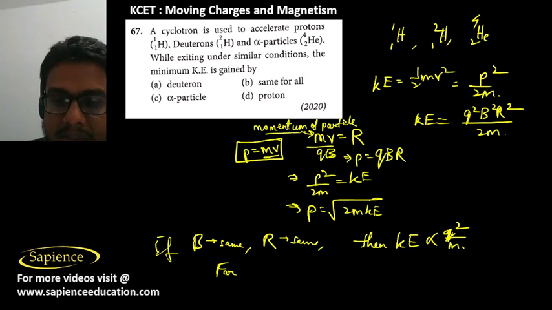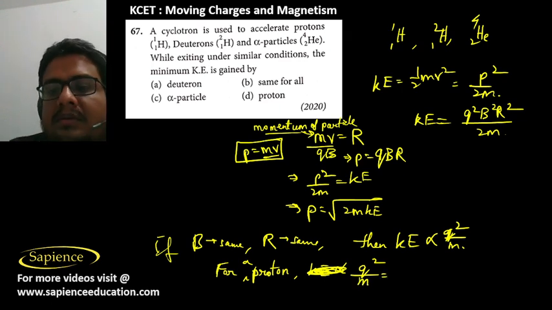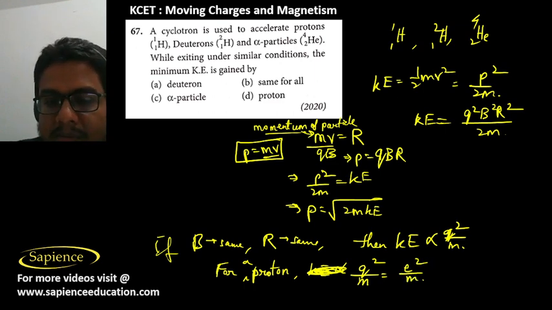minimum kinetic energy gained. So for a proton, the kinetic energy gained is proportional to p square by 2m. For a proton, the value of q square by m is given as e square by m, where m is the mass of a proton.